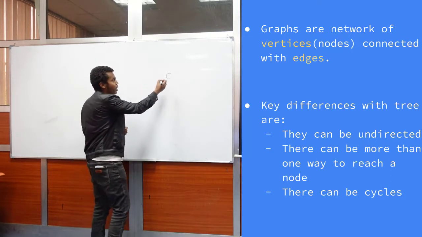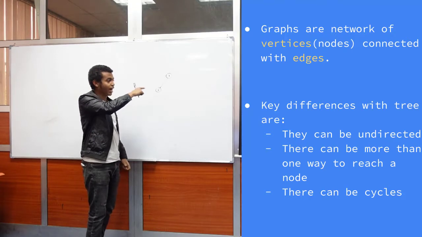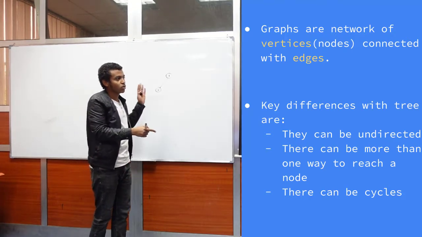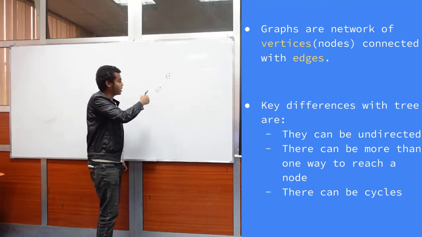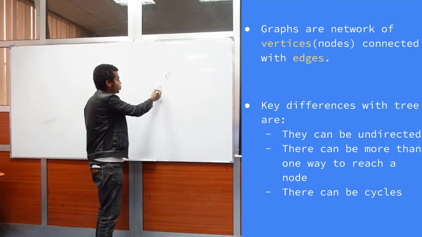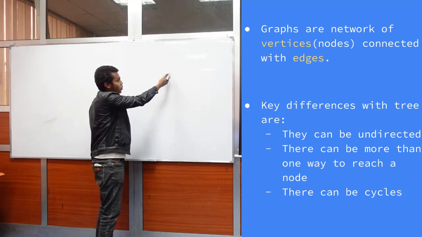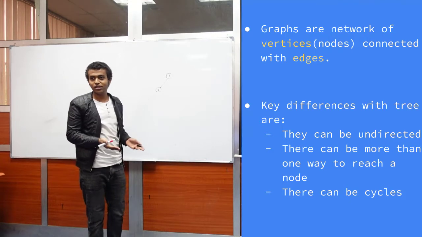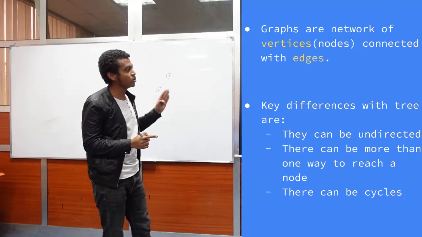Like the parent can access the child, but the child can't access the parent, right? But in graphs, it's not always the case. This and this vertex doesn't always have a parent and child relationship. They can have equal value. Two can know that one exists or can access it. One can also know two exist and can access it. Is that clear?